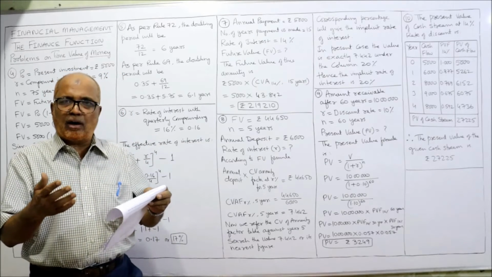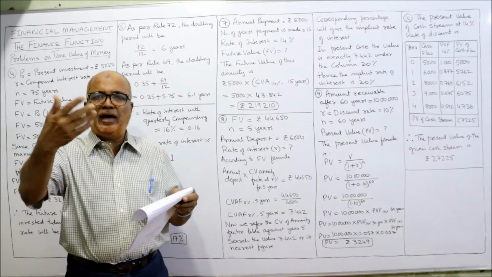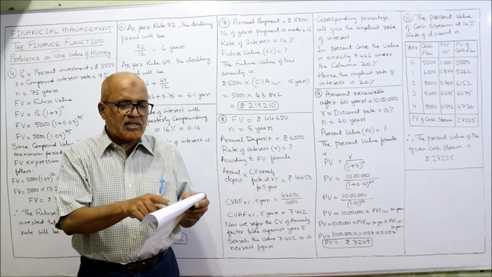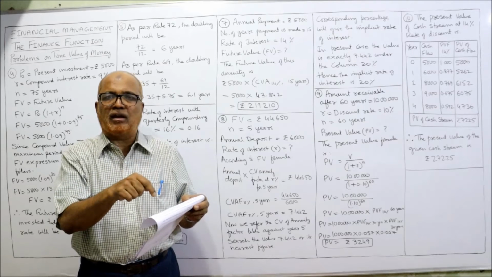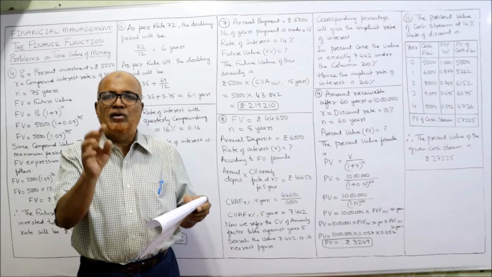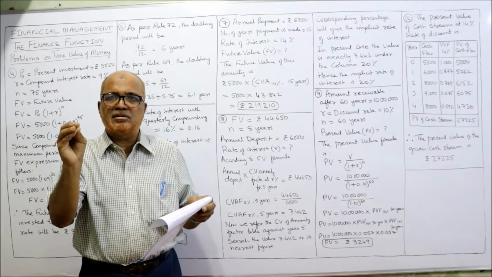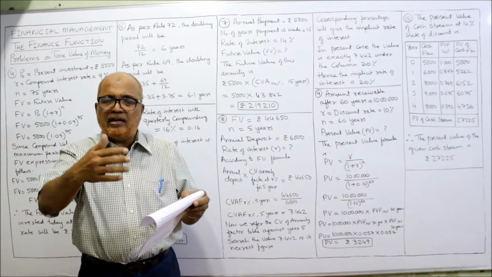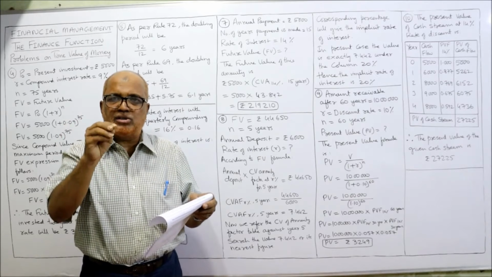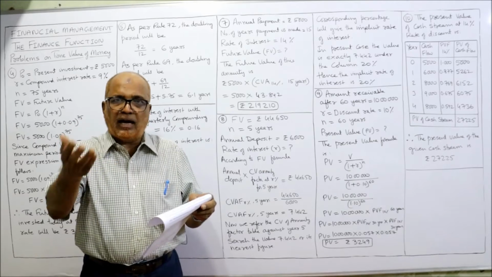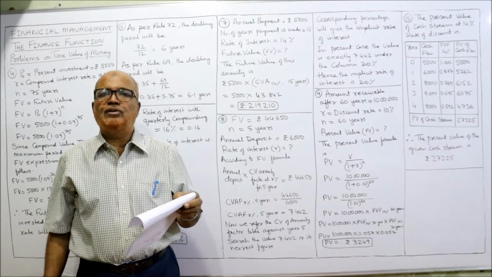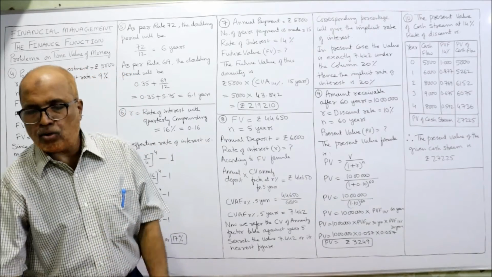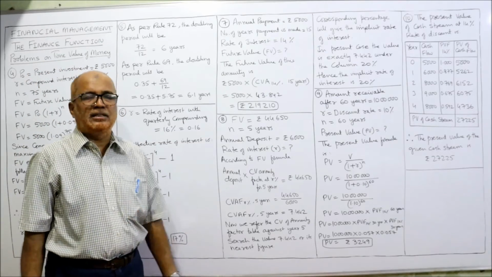So if you deposit 6,000 rupees at the end of every year, first year end 6,000, second year end 6,000, like that up to 5 years, then at the end of 5 years they will give you 44,650. So what is the rate of interest implicit in this?